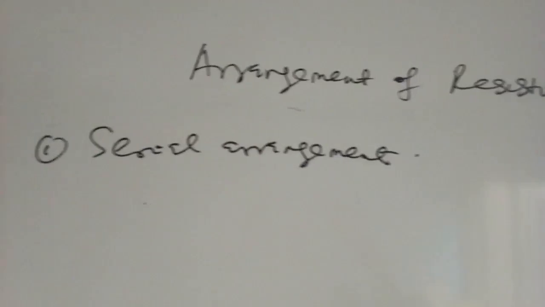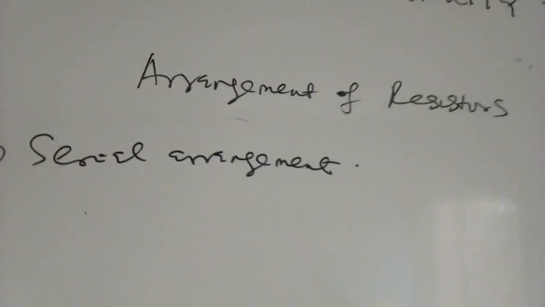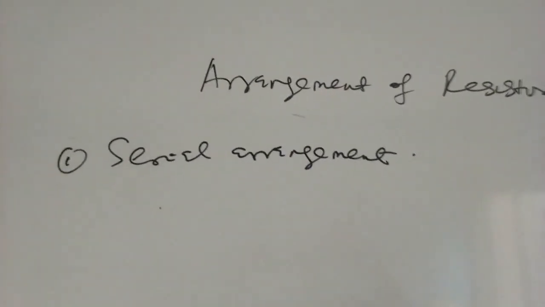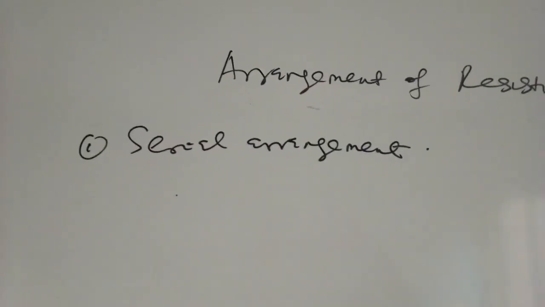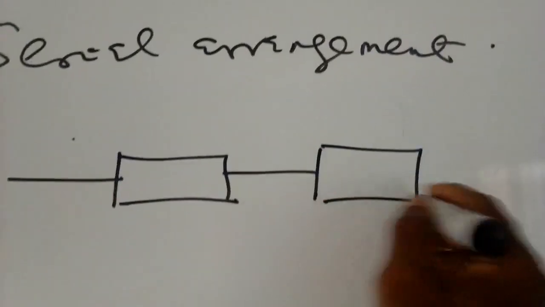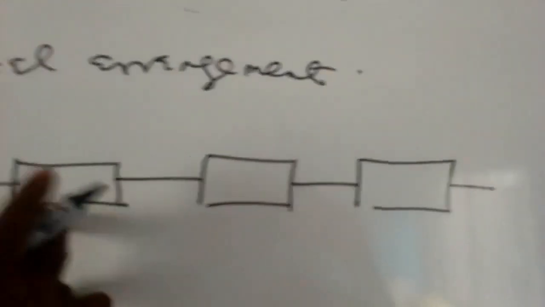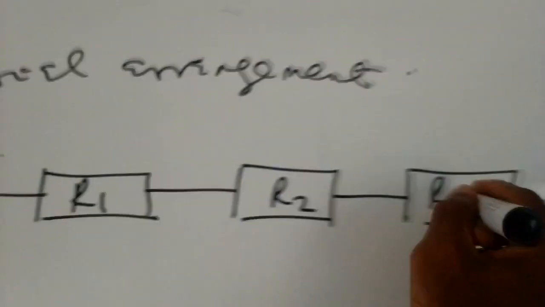Looking at the arrangement of resistors, just like cells, resistors can be arranged in series or in parallel. The first one we have on the board is the series arrangement, where the resistors are joined end to end. Let us call them R1, R2, and R3.